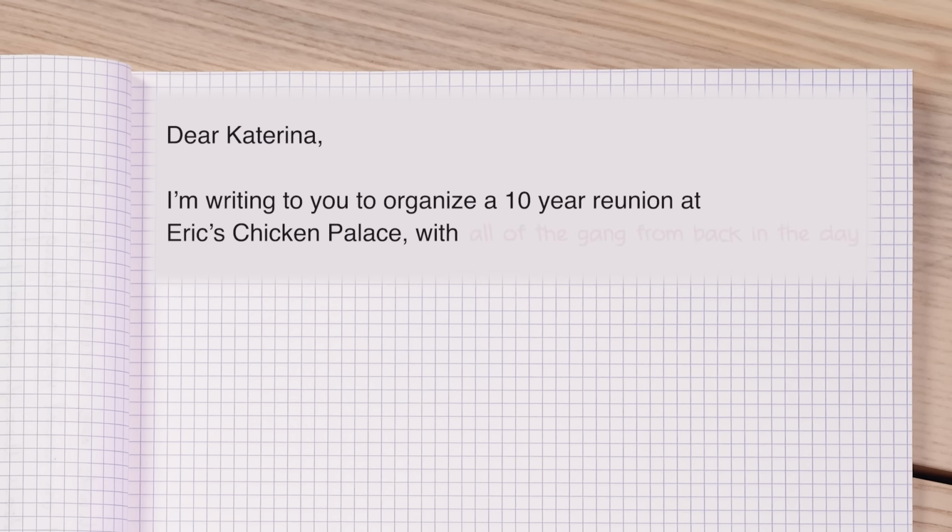You could make it a little bit more informal. You could say something like all of the gang from back in the day, or all of the gang from 2016. That's a little bit more of a creative touch, and it would depend on what the rest of your letter looks like.